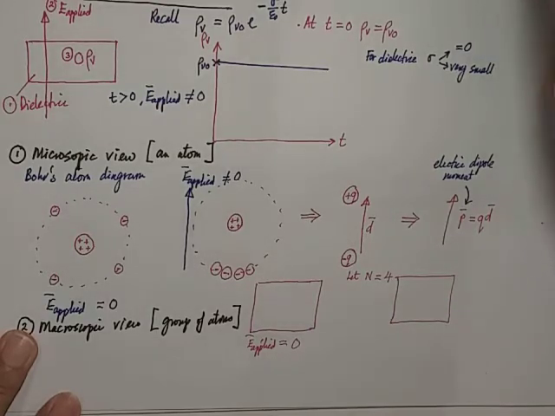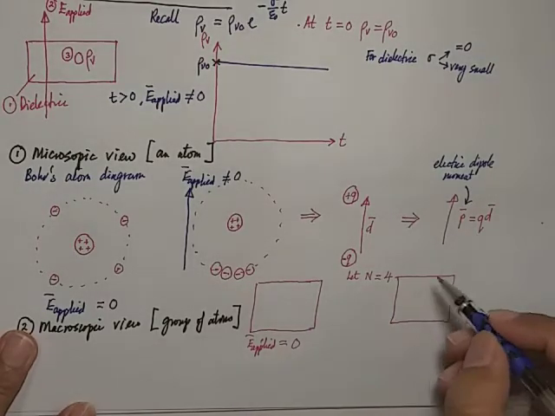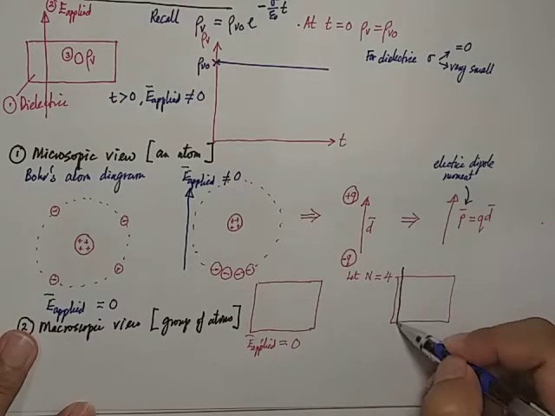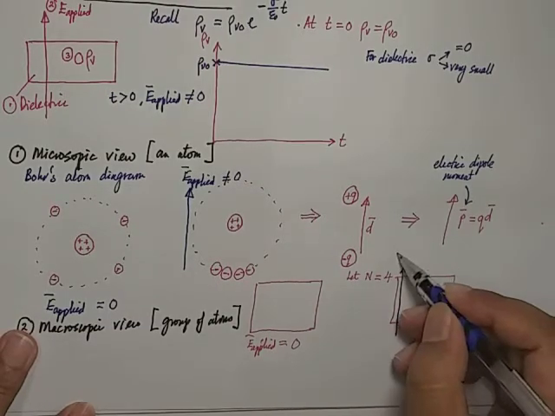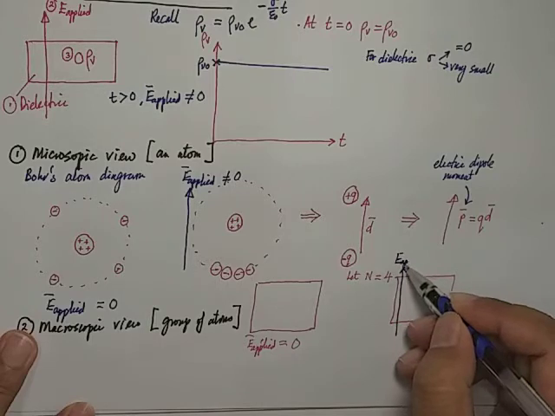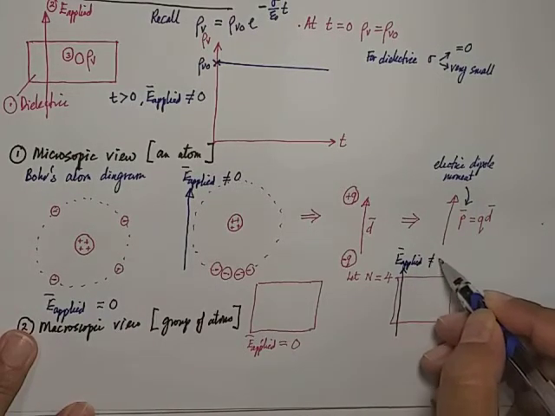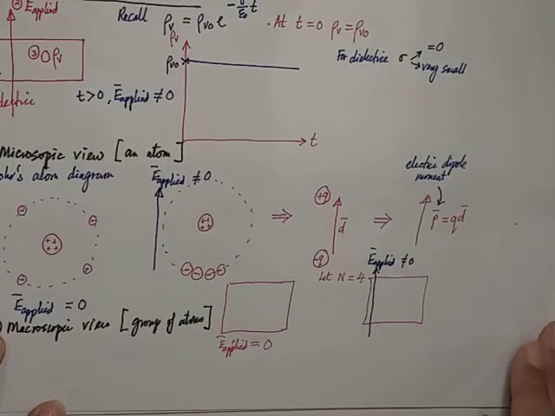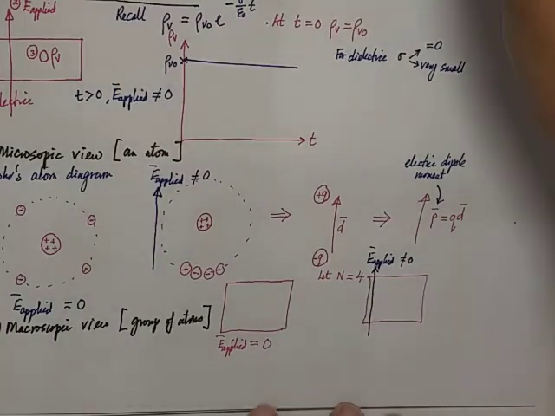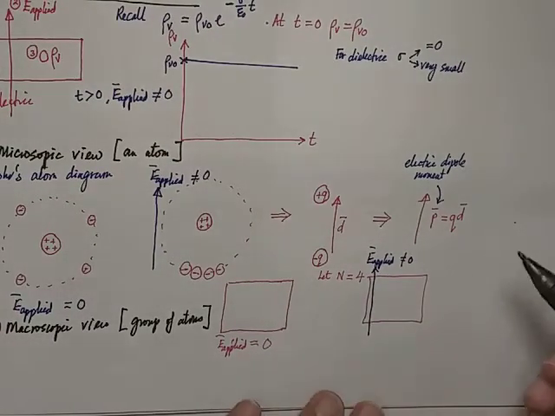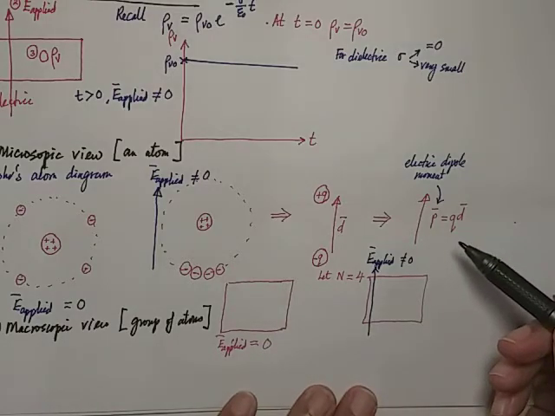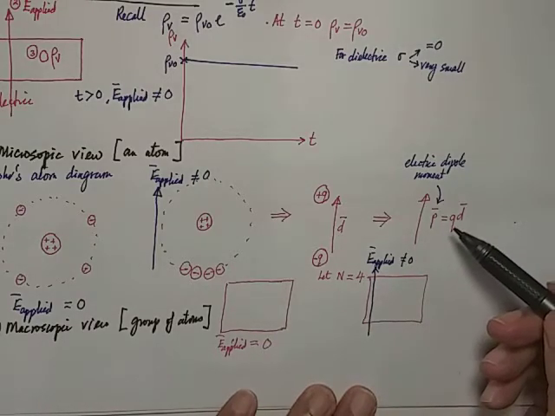But now we're going to have an electric field. Let's show the direction of the electric field as upward. So this should be our E applied, which is not equal to 0. So what's going to happen then? First, in terms of the individual atom, we're going to create an electric dipole moment.